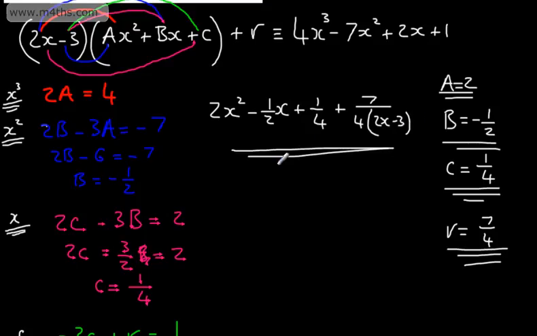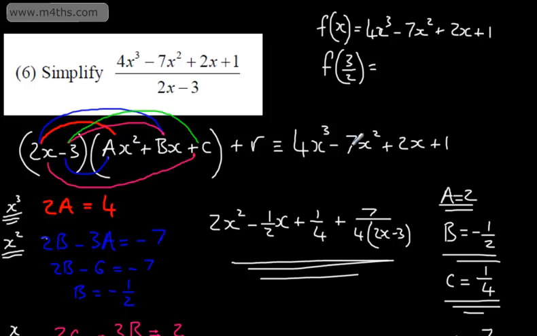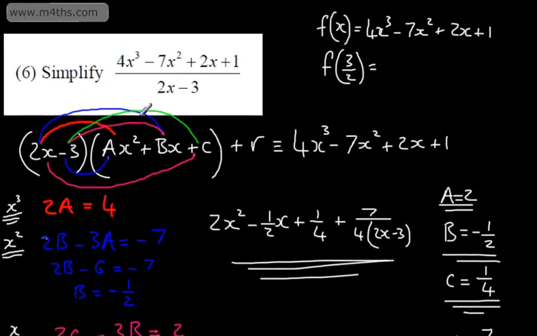So that is simplifying it using comparing coefficients. You decide which you prefer. Polynomial long division is probably slightly easier, but it's entirely up to you. So another couple of examples of dividing polynomials.